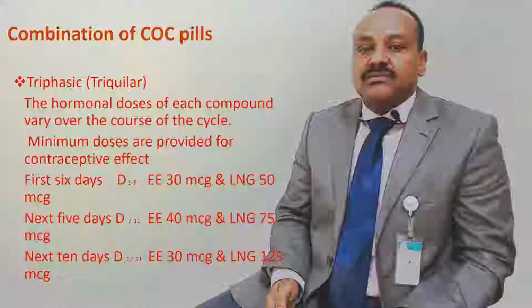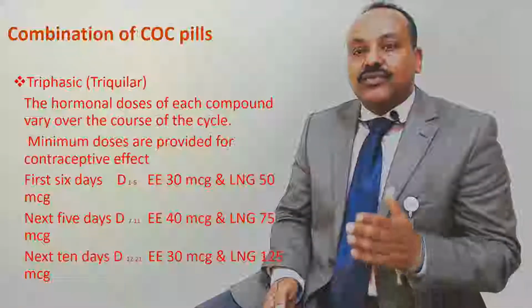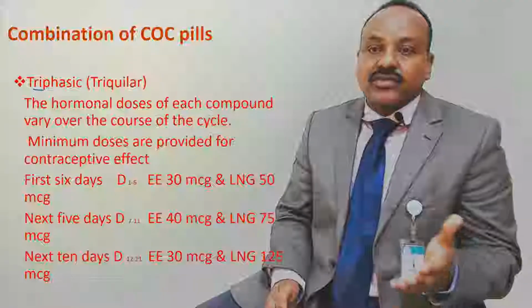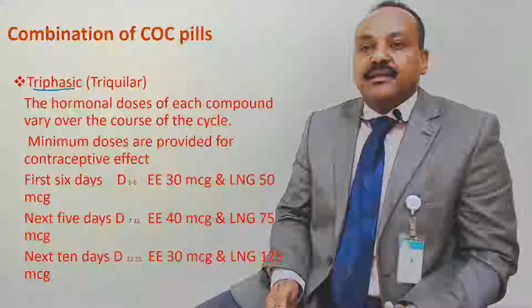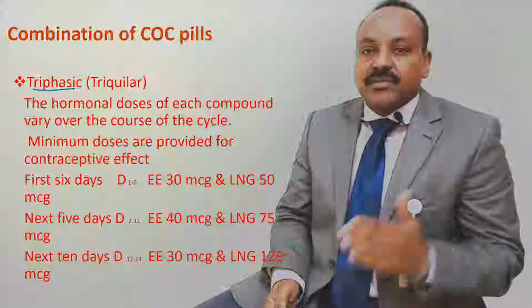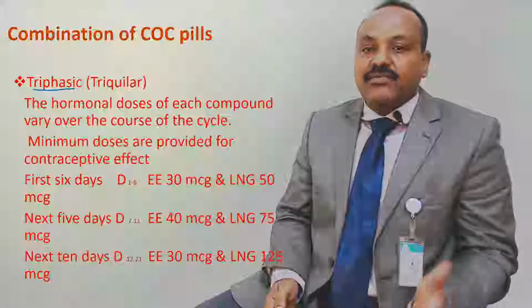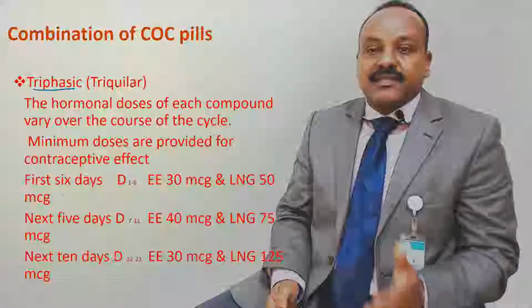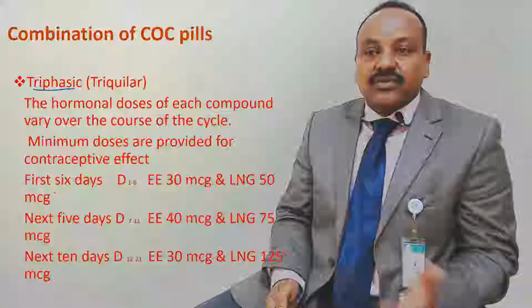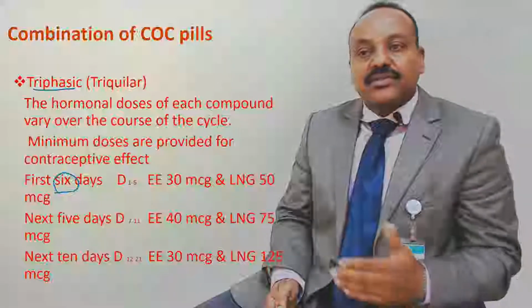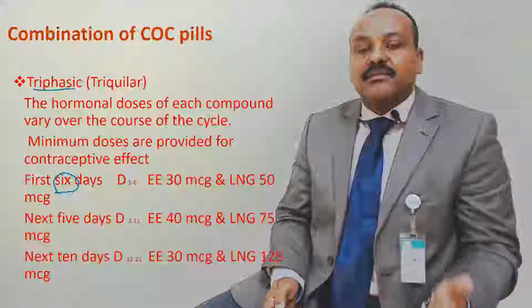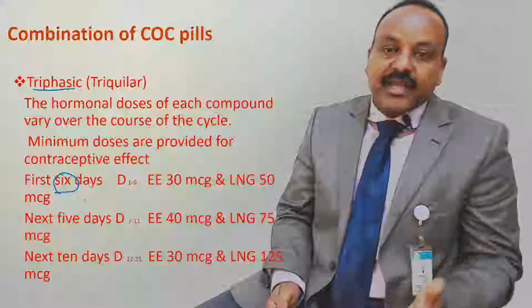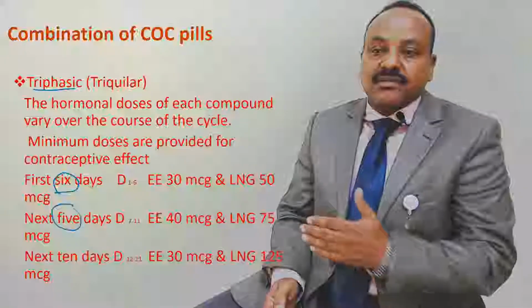Triphasic also means that the hormonal dose of each compound varies over the course of the cycle. They are using the minimum dose which is effective for contraception. First 6 days, ethinyl estradiol 30 microgram, levonorgestrel 50 micrograms. Next 5 days, 40, 75.